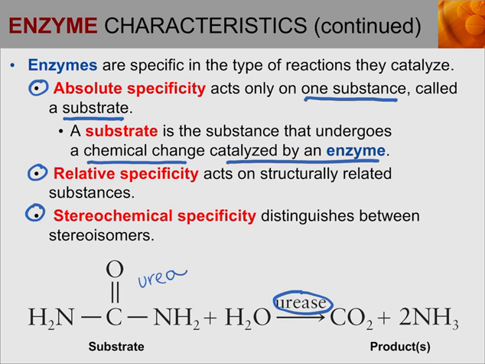Now, if we just had urea react with water and no enzyme, this process would probably take a really long time. But with the presence of the enzyme urease, I think I'm pronouncing that right, it sounds weird, but it makes the reaction quicker and it occurs more easily.